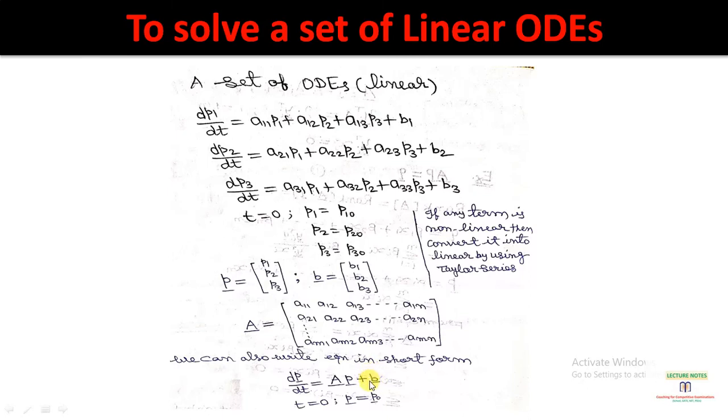If the b column vector is not equal to 0, then these will be non-homogeneous equations. First we will consider column vector b equals 0. It means we have only this term and these conditions. So first we will try to solve a homogeneous set of linear ODEs.